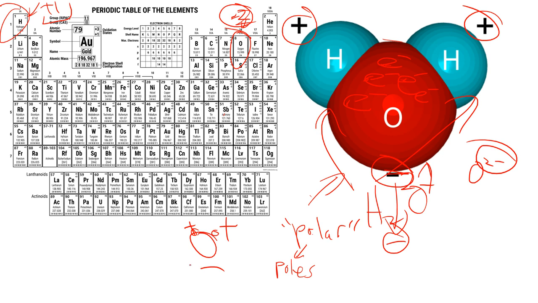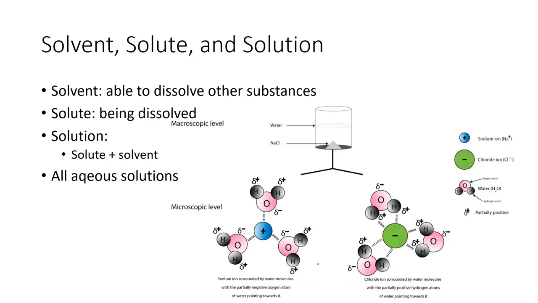And vice versa for the oxygen atom, because it tends to hog electrons. This polarity of the molecule makes it so that it can dissolve a lot of things, right? And I'll show you why in the next slide.